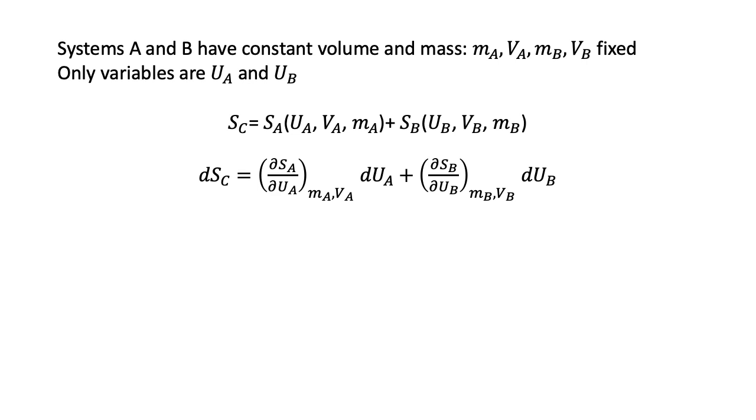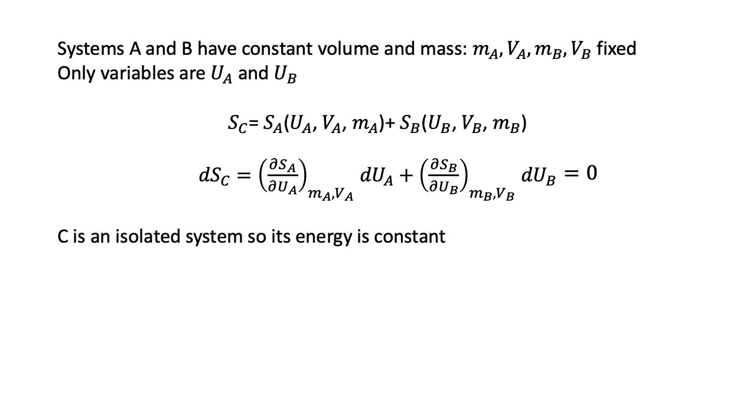So dSC will be the partial derivative of SA with respect to UA, holding MA and VA constant, times dUA, plus the partial derivative of SB with respect to UB, holding MB and VB constant, times dUB. And at equilibrium, this must equal 0.